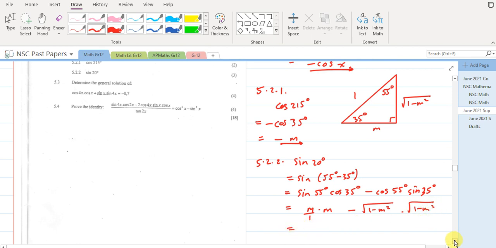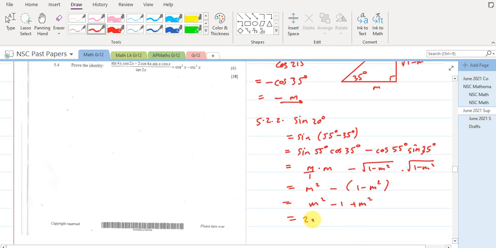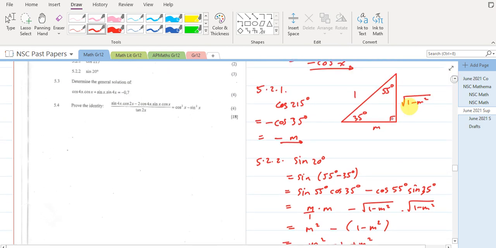Multiplying those two out, you just get 1 minus m squared. So we get m squared minus 1 plus m squared, which is 2m squared minus 1.